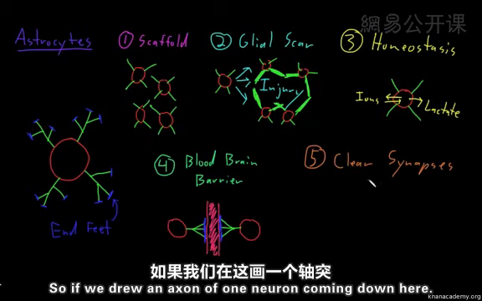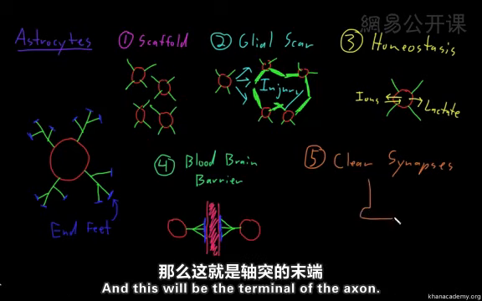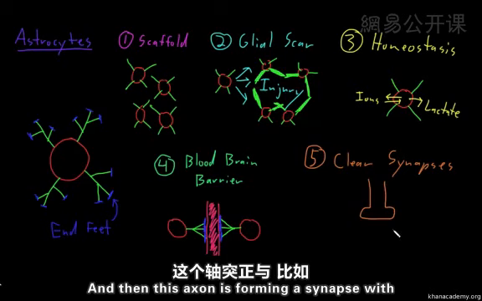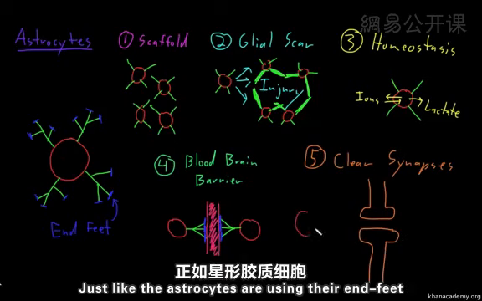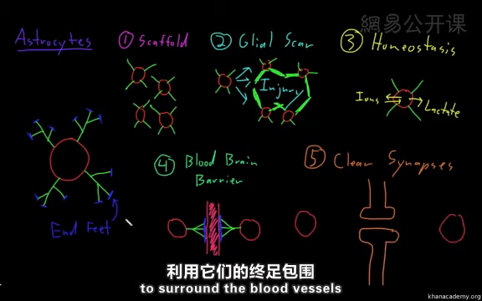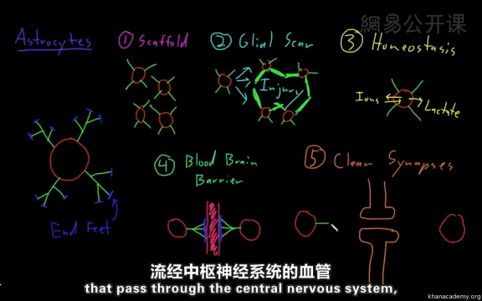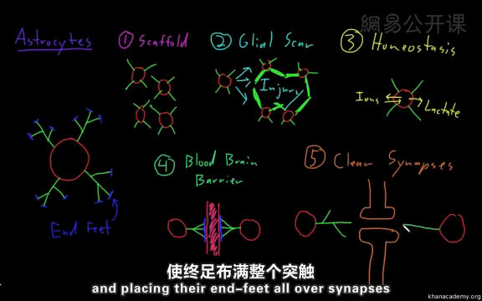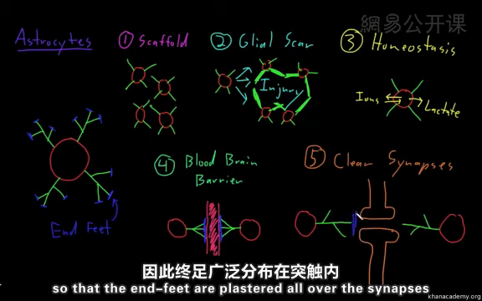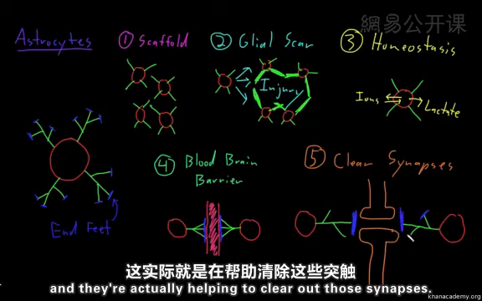So if we drew an axon of one neuron coming down here, and this will be the terminal of the axon, and then this axon is forming a synapse with, say, the dendrite of another neuron here, just like the astrocytes are using their end feet to surround the blood vessels that pass through the central nervous system, the astrocytes are also extending their processes and placing their end feet all over synapses, and they're actually helping to clear out those synapses.